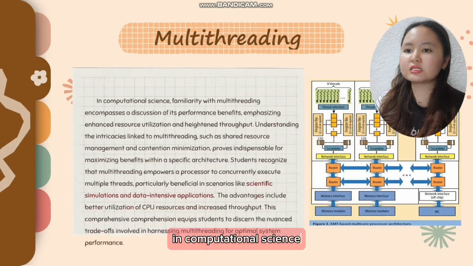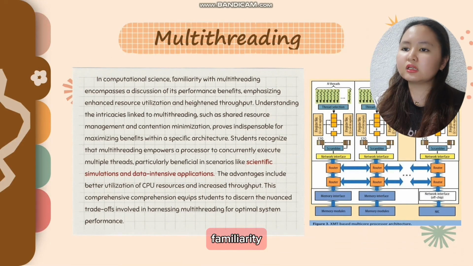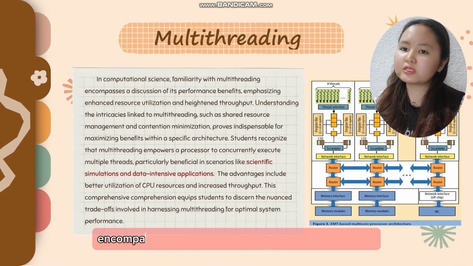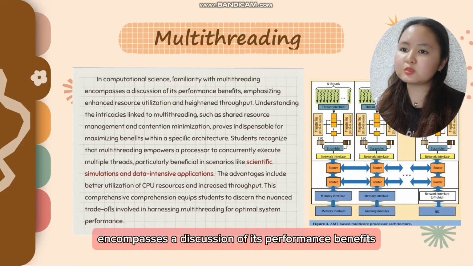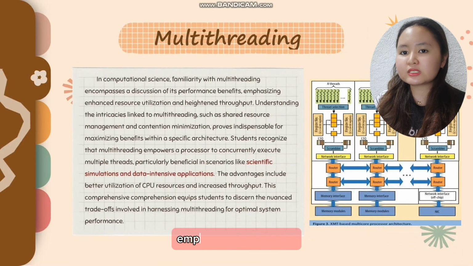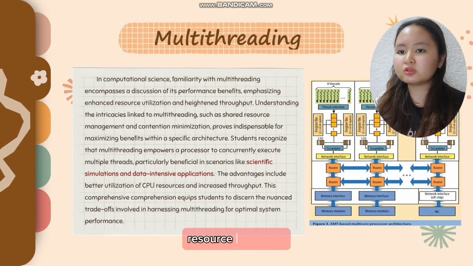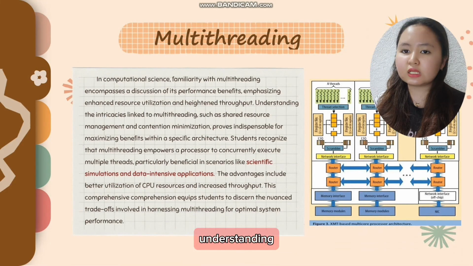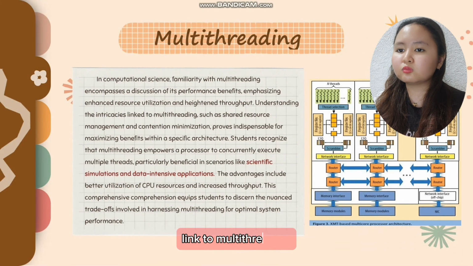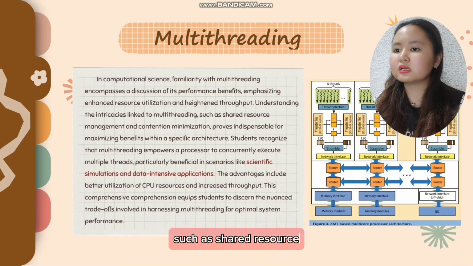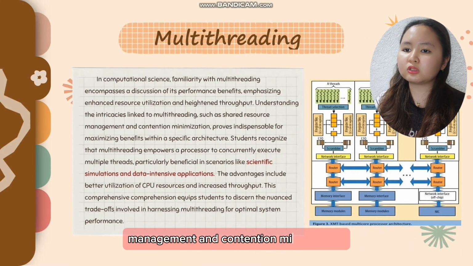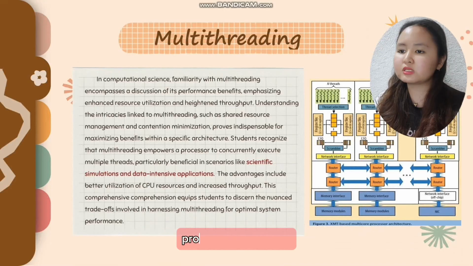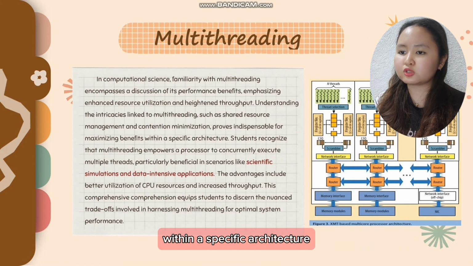In computational science, familiarity with multi-threading encompasses a discussion of its performance benefits, emphasizing enhanced resource utilization and heightened throughput. Understanding the intricacies linked to multi-threading, such as shared resource management and contention minimization, proves indispensable for maximizing benefits within a specific architecture.